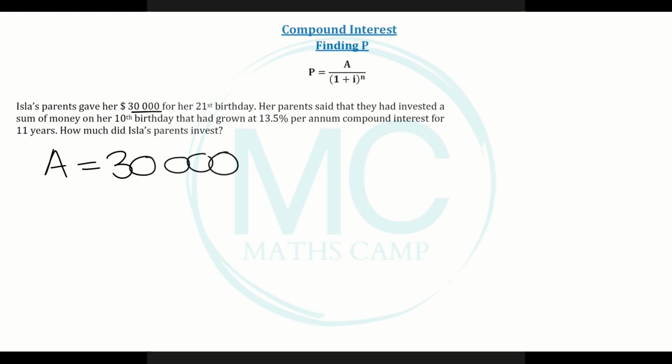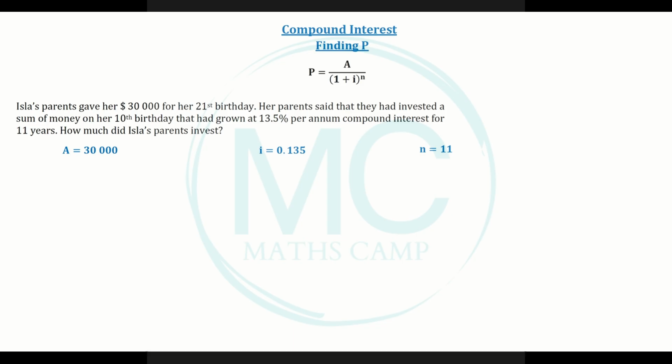The bank offered them an interest rate of 13.5%. So to find I, we say 13.5 over 100, and we get 0.135. They invested for 11 years. That's the duration. So N is equal to 11.